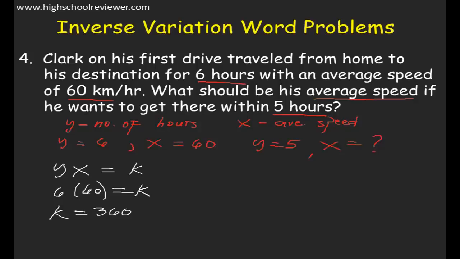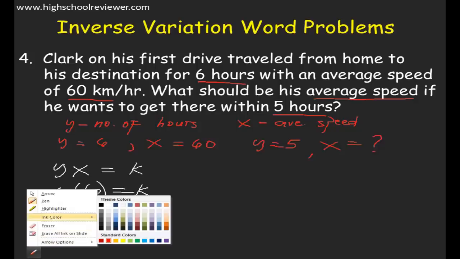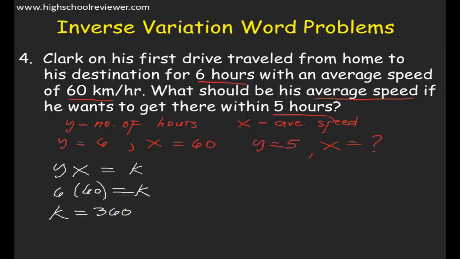Okay. So we are now going to solve for the value of x. Let us use the same equation, yx is equal to k. Our value for y is 5, our x is the unknown, and k is 360. To solve for x, again, we need to cancel out 5.